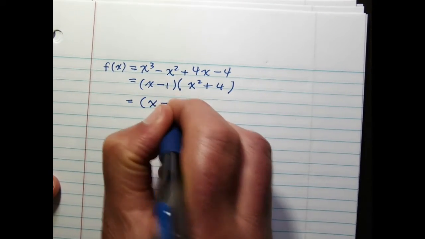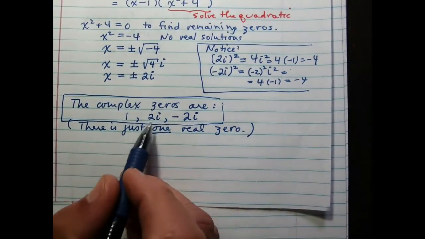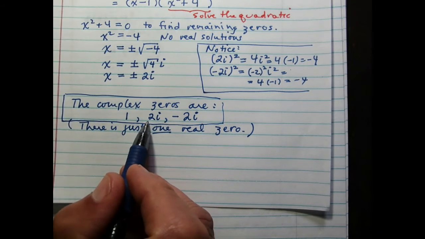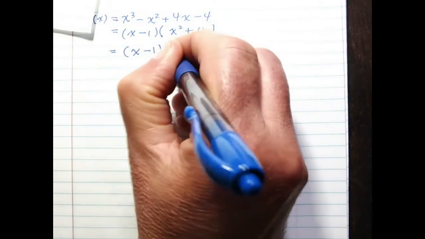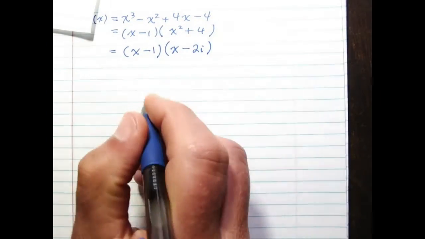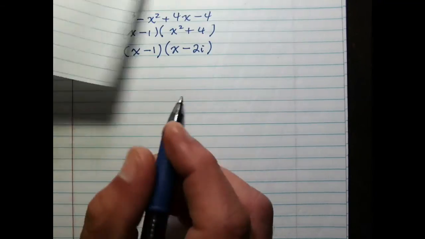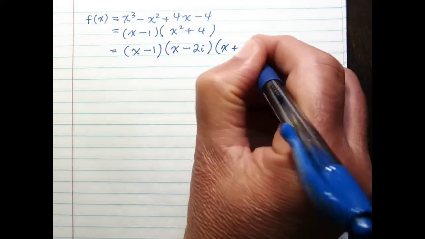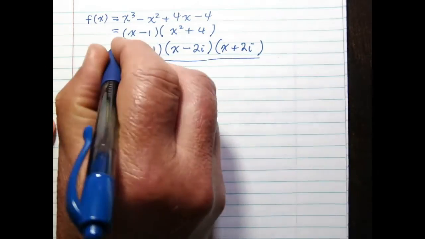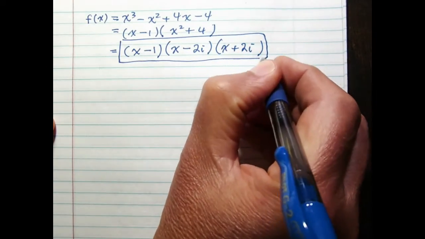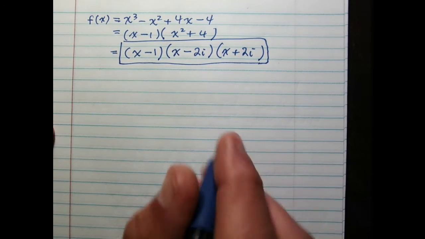And yet, if we apply the factor theorem to these complex zeros that we found, x minus a zero should be a factor. So we should be able to write x minus 2i as a factor. The other zero, negative 2i, x minus a negative 2i would give me x plus 2i. And it's true that we can factor using complex numbers now. We can factor that polynomial into 3 linear factors.